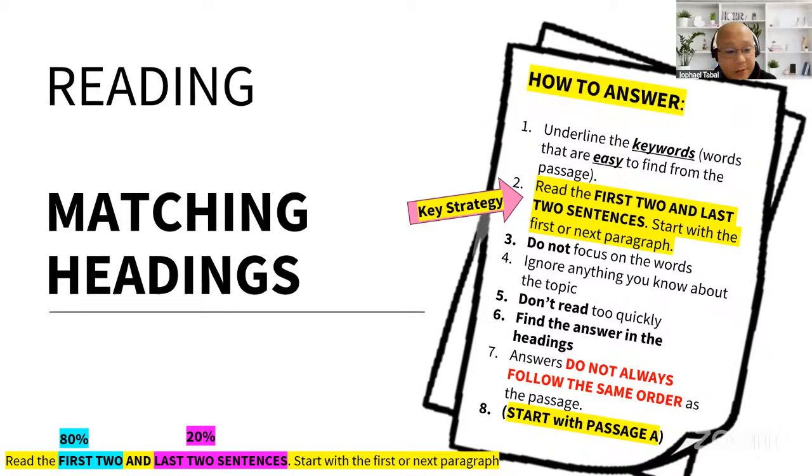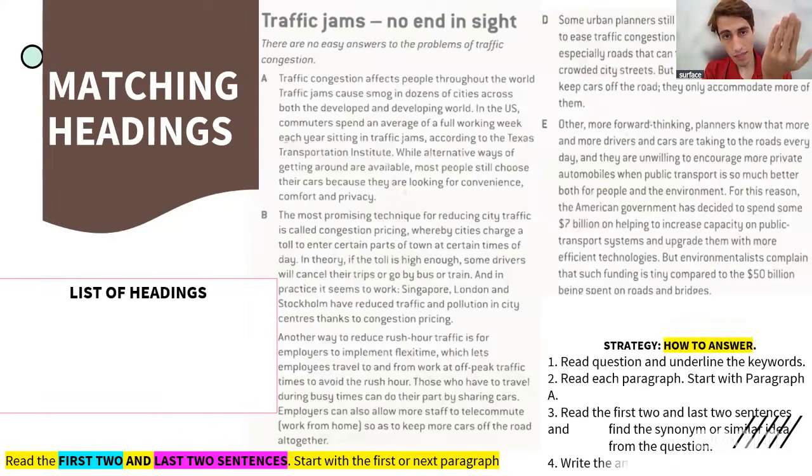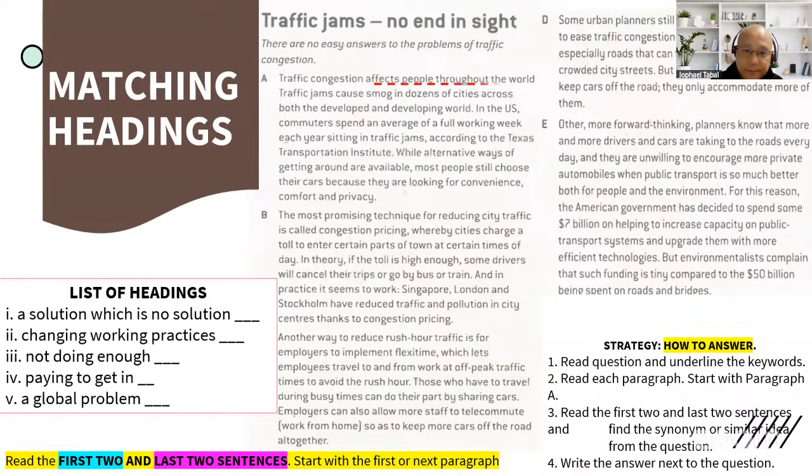I first read the question and see which one has more. If the statements are more than the passages, you have to pay attention that all the passages have at least one answer. If the passages are more than the headings, then you have one heading for each passage.